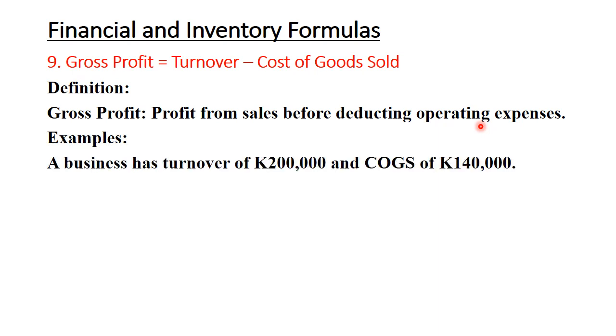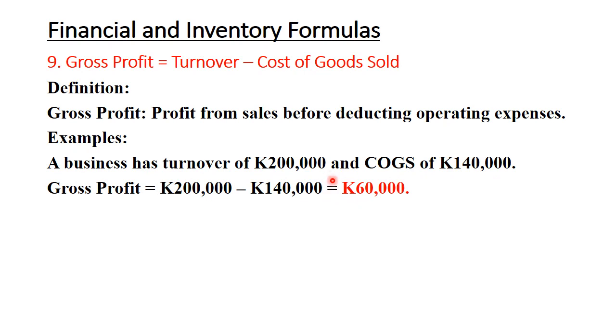Okay, here's an example. A business has turnover of 200,000 and cost of goods sold of 140,000. Find the gross profit. Okay, so the gross profit is simply the turnover minus the cost of goods sold. Remember, the cost of goods sold is the amount you used to make that cake, or to buy, if you're in the phone business, to buy a phone before you sold it.